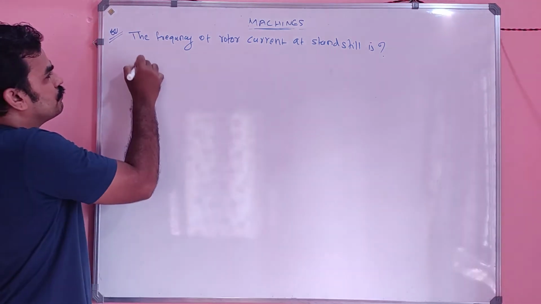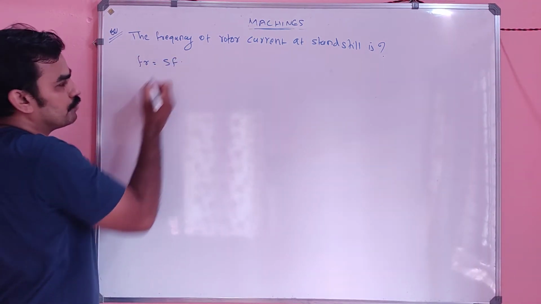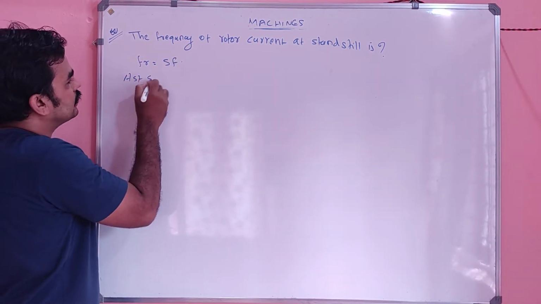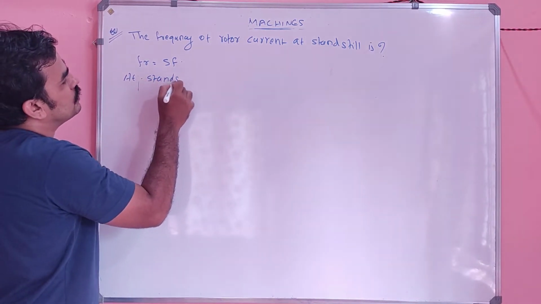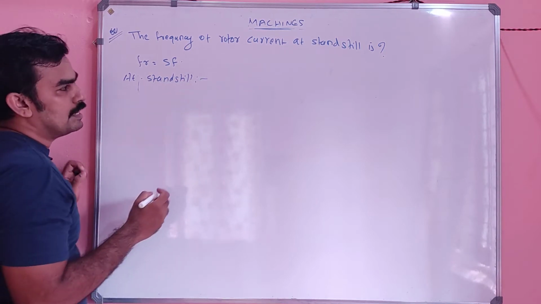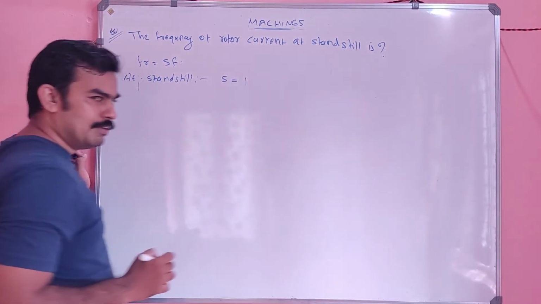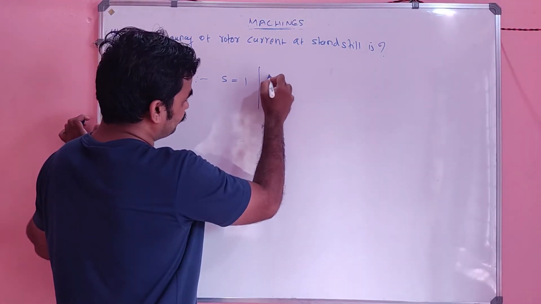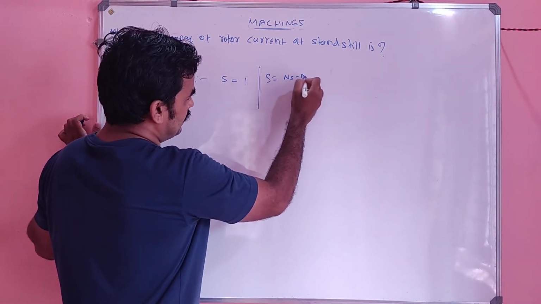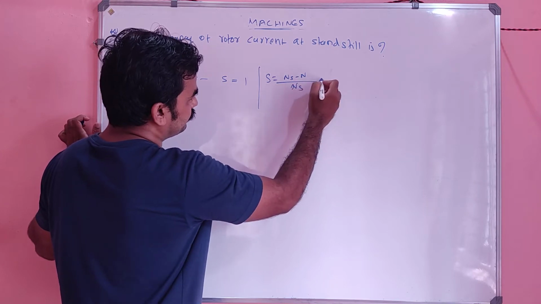We have the general equation Fr is equal to S into F. So at a standstill, what is the value of S? It will be equal to 1. Slip is nothing but Ns minus N divided by Ns.